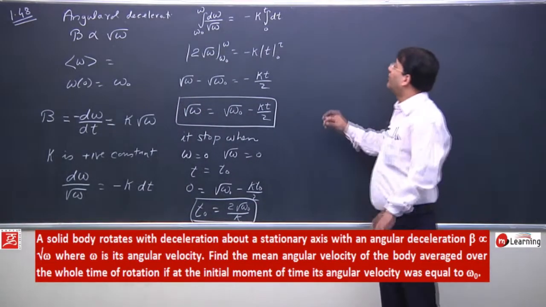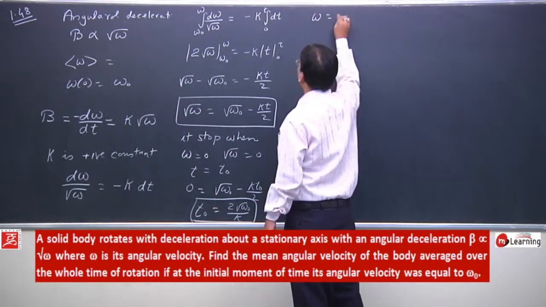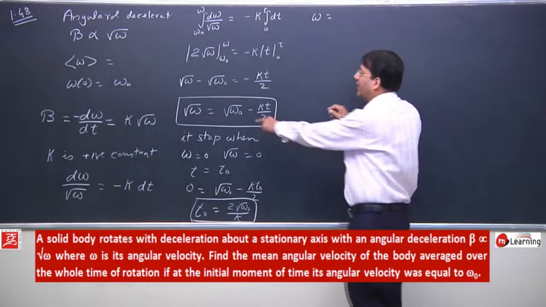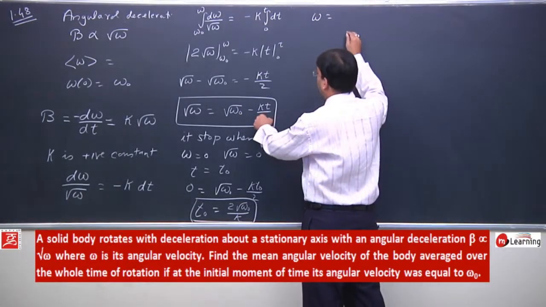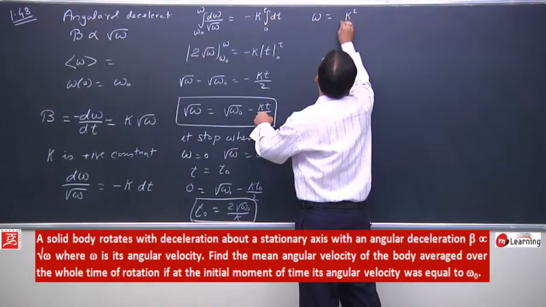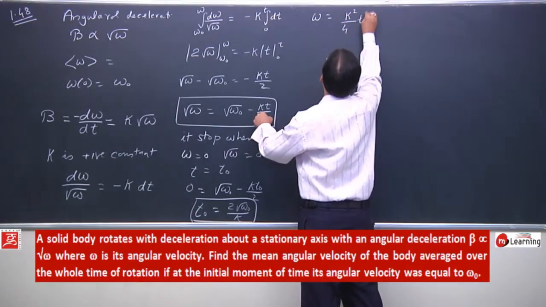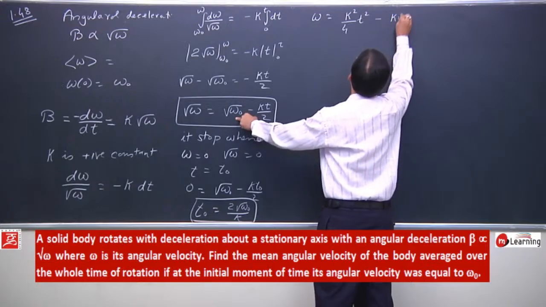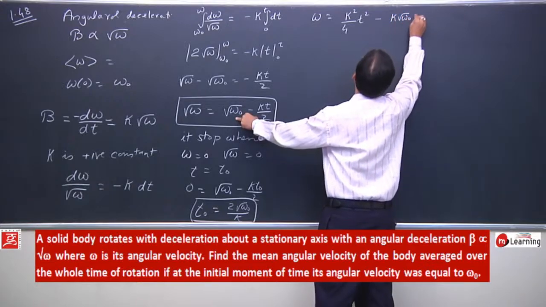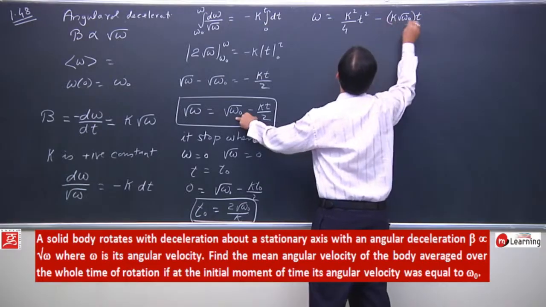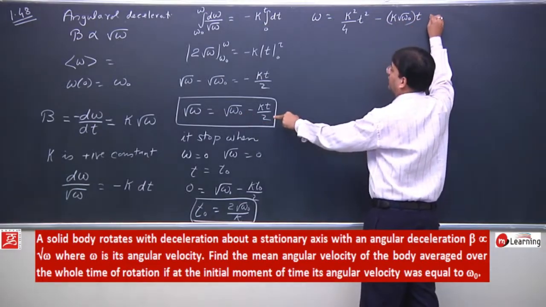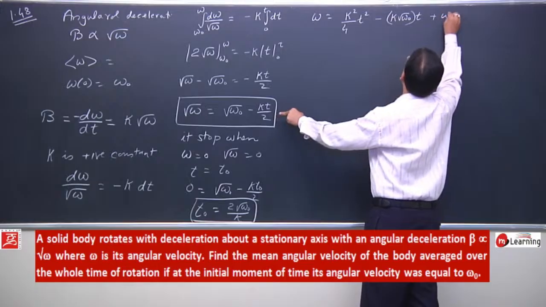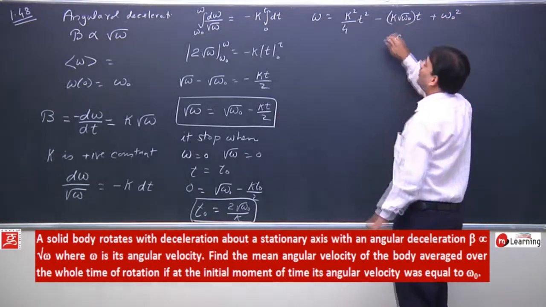Now, mean of angular velocity. In order to write the mean of angular velocity, I will write the expression for omega, and that expression for omega would be equal to k square by 4 t square minus k root of omega naught into t plus omega naught, square.